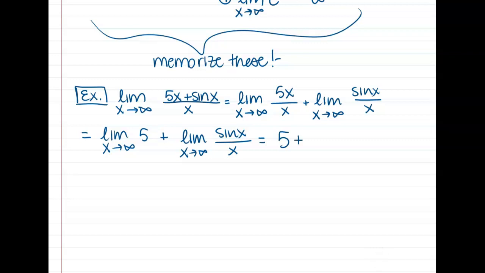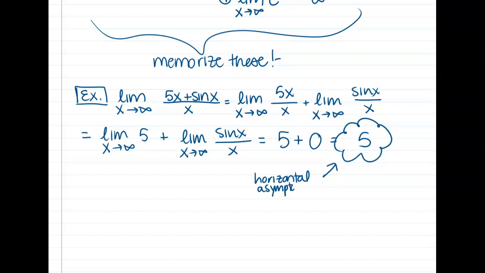The limit as x approaches infinity of sine x over x is 0. So our answer is 5. And this means we have a horizontal asymptote at y equals 5. So that's what we found when we did that limit.